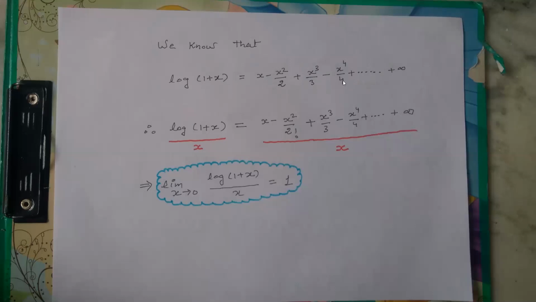So now we are going to divide by x on both sides. In the numerator, x will be taken out. This will get cancelled with the denominator. So after applying limit x approaches to 0 on both sides, the result is limit of log of 1 plus x upon x is equal to 1.